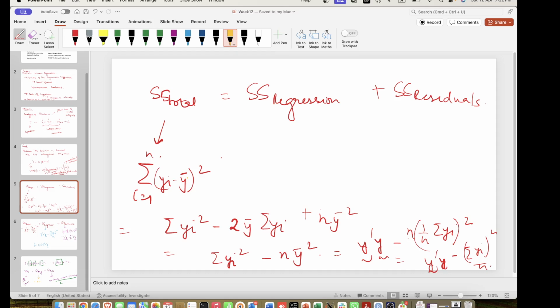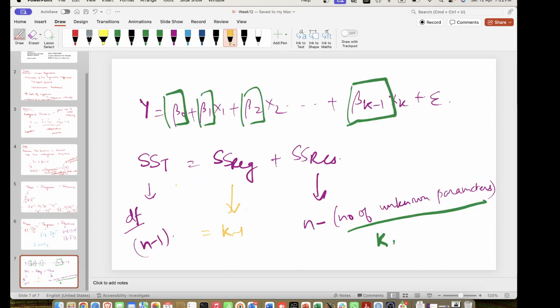So if we have, let's say, 10 values of yi, then knowing 9 values of y is sufficient, because the 10th value can be deduced from the value of y bar itself. So the degrees of freedom is actually not 10 but 9. So that is the reason we have n minus 1 as df for the sum of squares due to total, and sum of squares due to residuals is actually n minus number of unknown parameters.